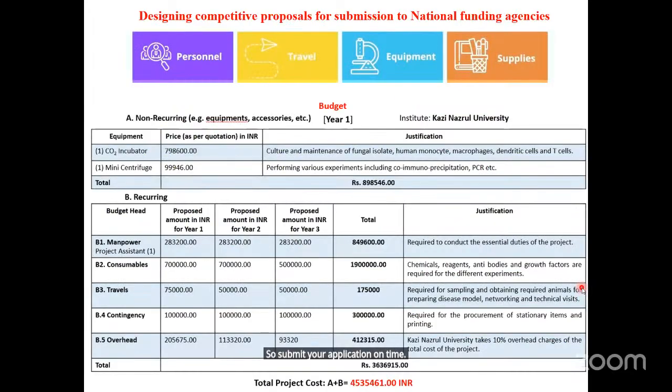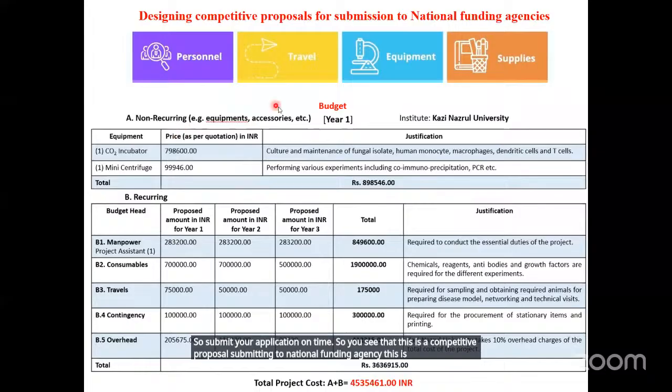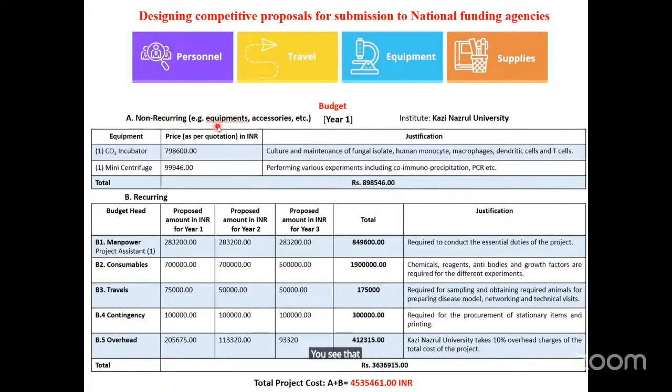So you see that this is a competitive proposal submitted to a national funding agency. This is one budget that was accepted by the NRF, and I got this budget. You see that this is one of my ongoing projects. You see that these are non-recurring equipment and accessories.